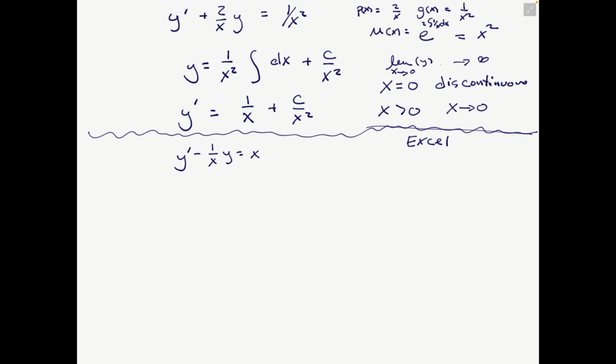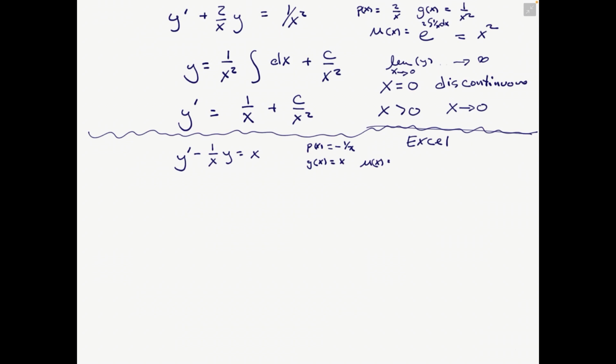All right, so let's solve the next one. P of x is equal to minus 1 on x. G of x is x.